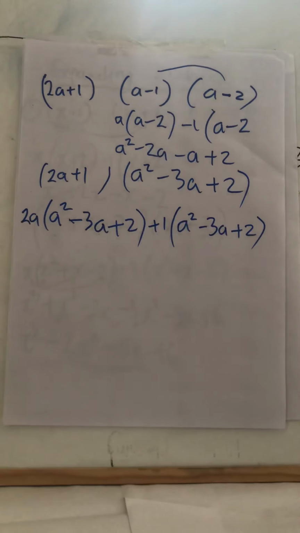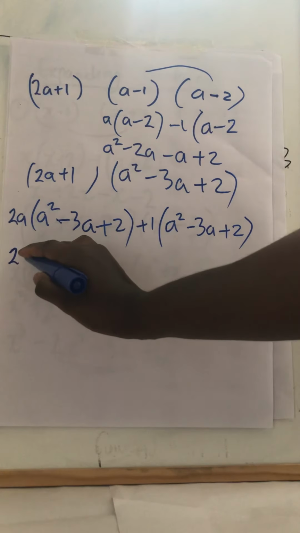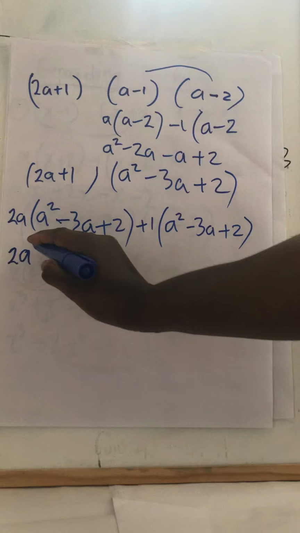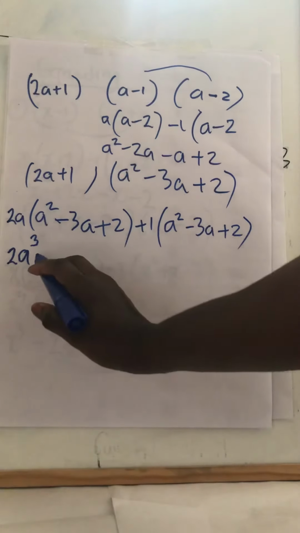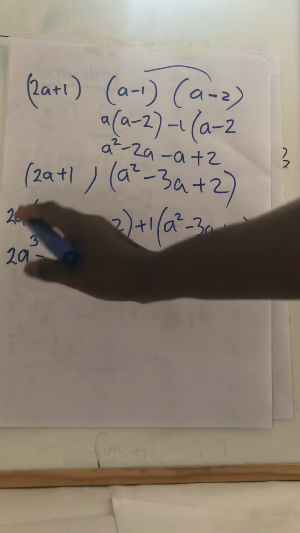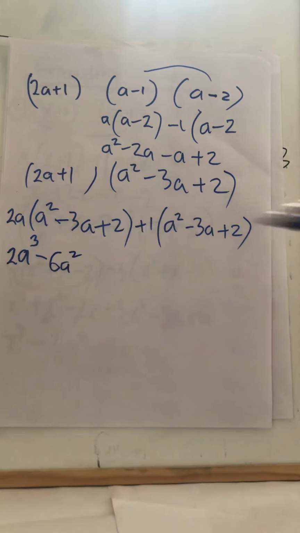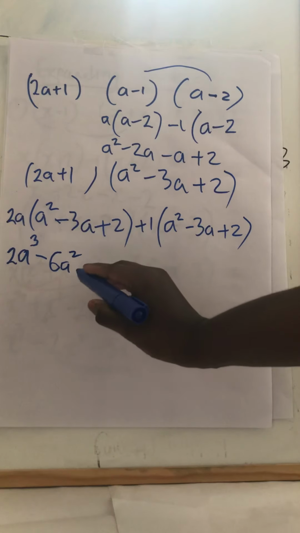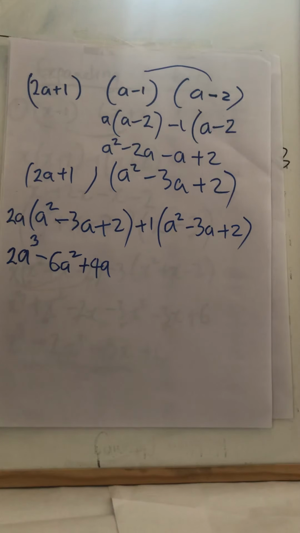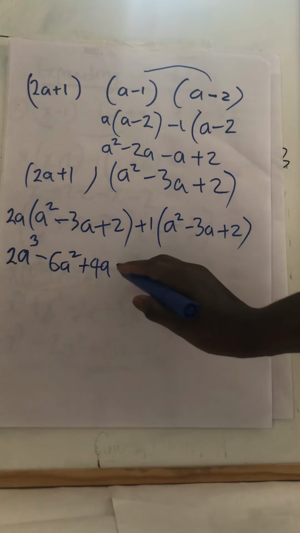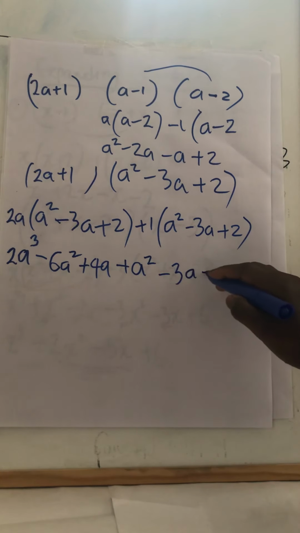I'll multiply them out. 2a times a squared will give me 2a cubed. 2a multiplied by minus 3a, minus 6a squared. 2a multiplied by 2, plus 4a. Then I'm going to multiply this out. Plus a squared minus 3a plus 2.